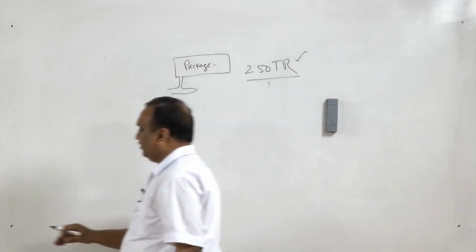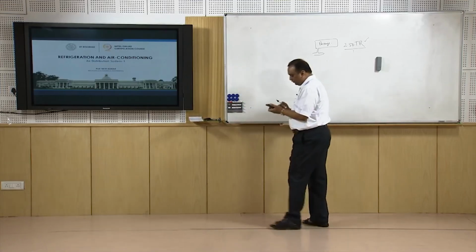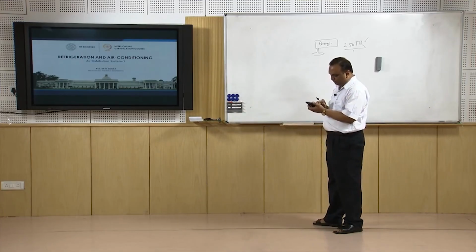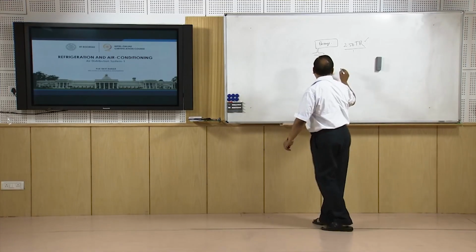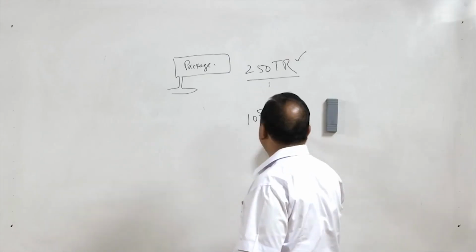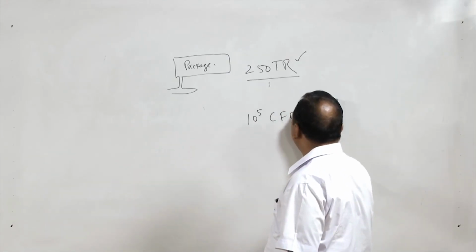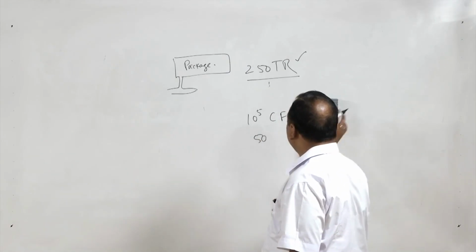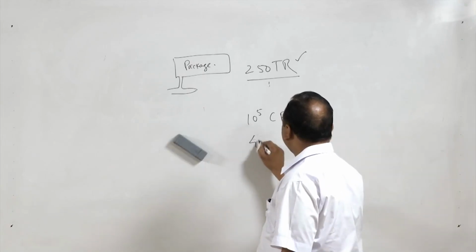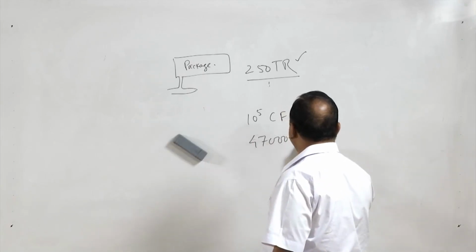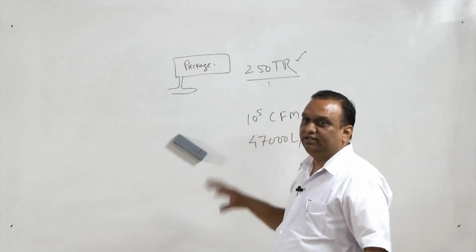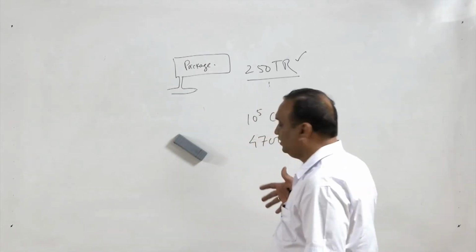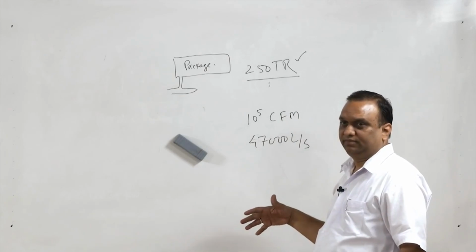In that case, 250 into 400, around 1 lakh CFM shall be required. It is approximately equal to 47,000 liters per second. In order to handle this much air, huge AHUs will be required.